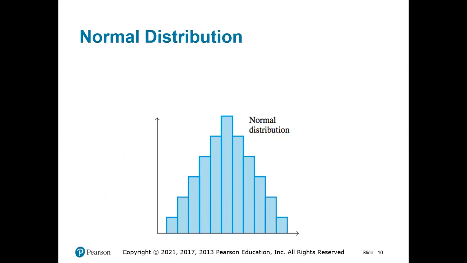Now, if you collect your data and you set the bars, you set the classes, and you do the frequency distribution, and it turns out that your distribution has this look, like a bell curve, kind of like an upside down parabola. It has some symmetry. You see the mode here as the center. And let me tell you something.